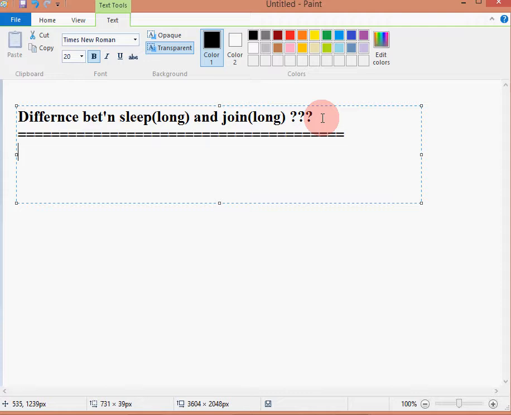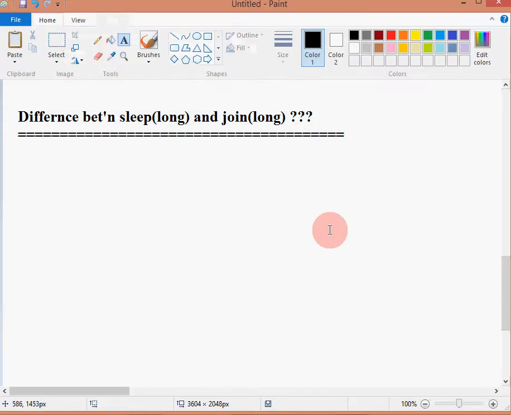That means with Thread.sleep, it waits the whole given time period, whatever is given. But in join, if the thread is executed before the time period, it directly comes and executes immediately. Okay, the basic difference is that.